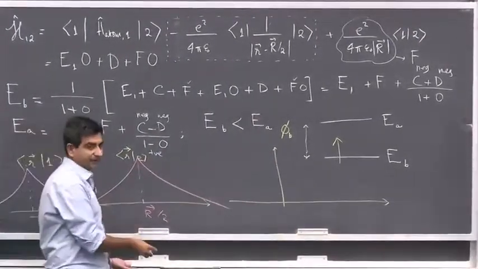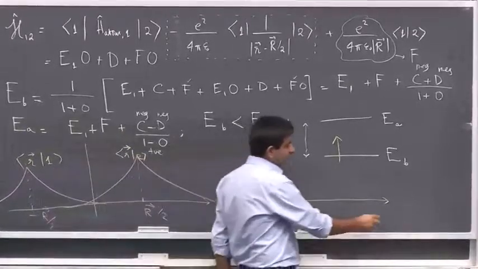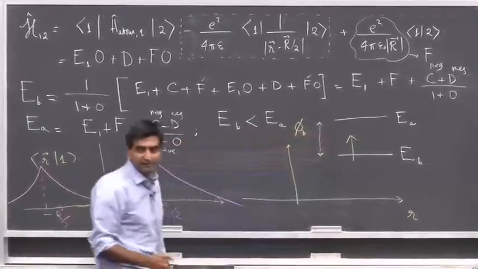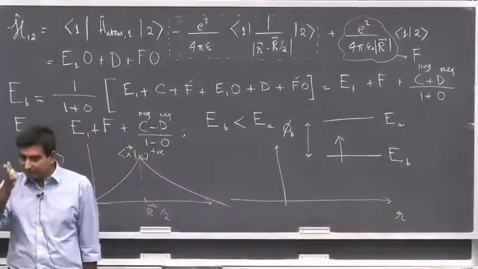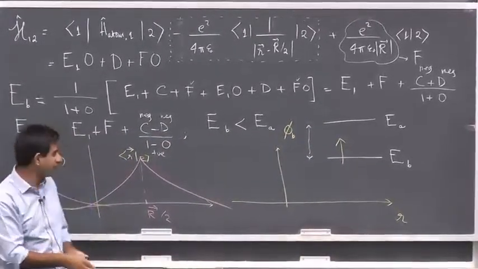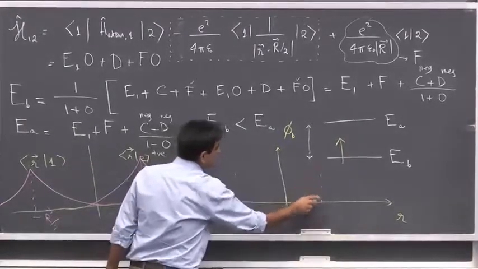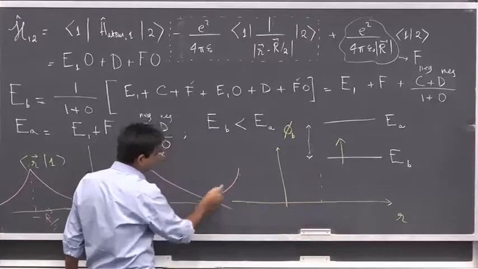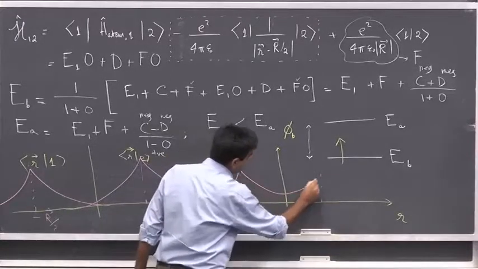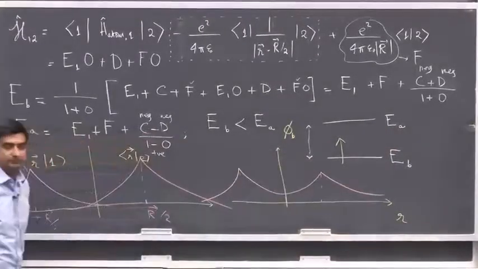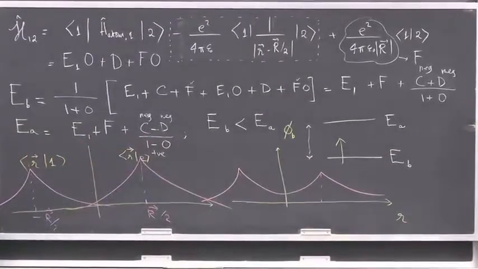If I plot this, and I have the vector r over here, this is r, the distance from the node between the two nuclei, the function that I will obtain looks like this. And if I plot the probability density, it's just going to be the modulus squared of this.